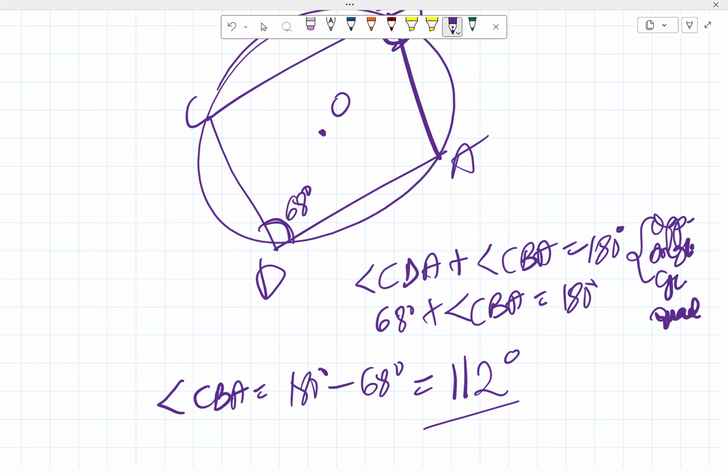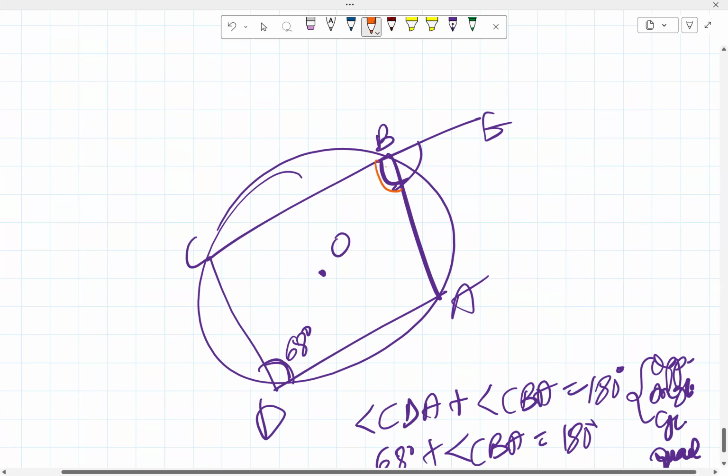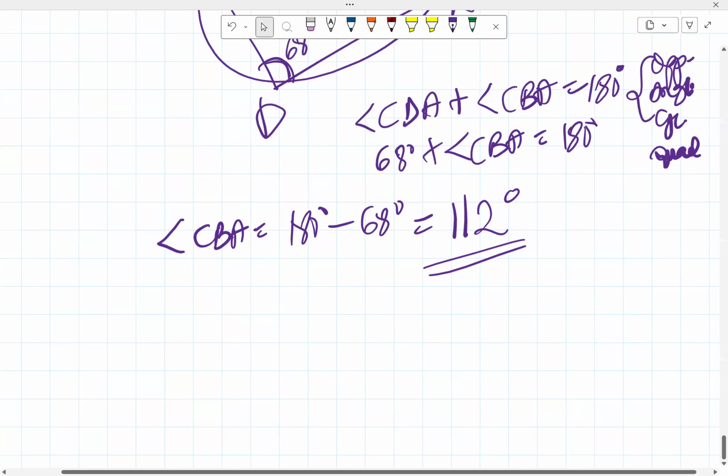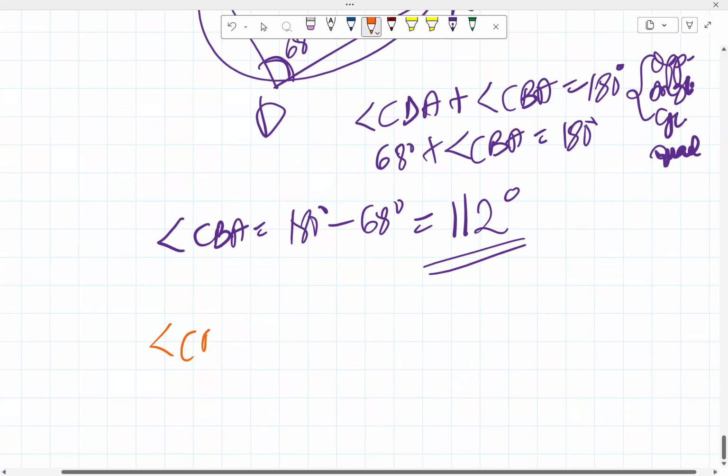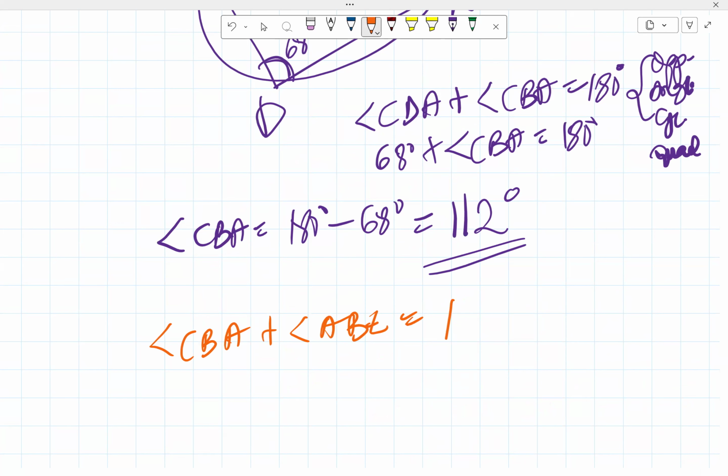Now we go another step. We know CBA to be 112 degrees, so we now need angle ABE. We know that angle CBA plus angle ABE is equal to 180 degrees.